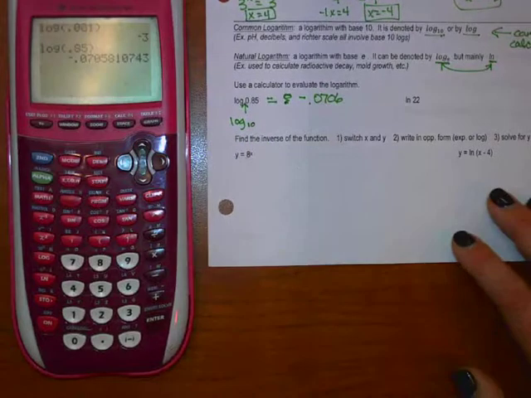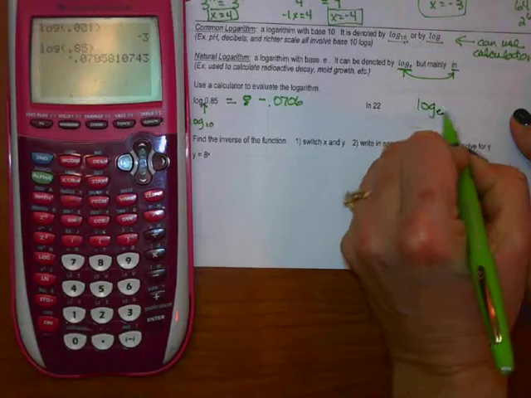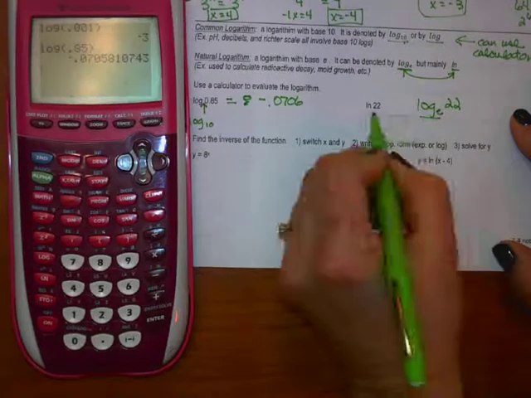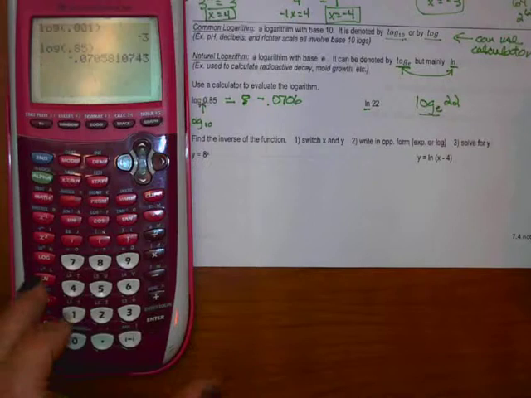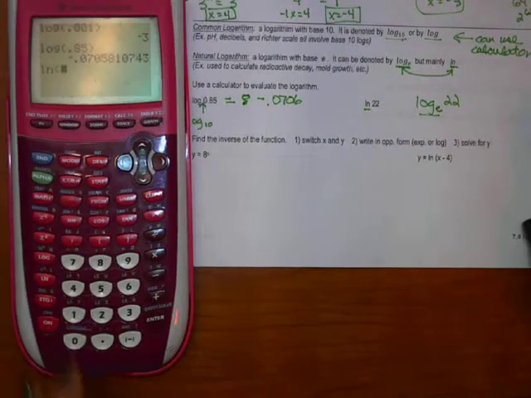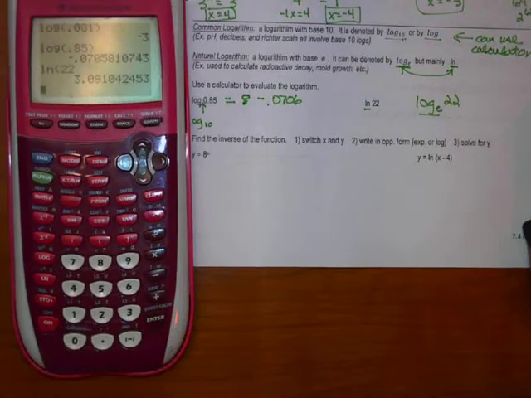Okay? Now, ln means that we had this, log base e of 22. This and this are the same thing. But log base e is programmed in your calculator as ln. So you just push ln 22, and that's the value of that.